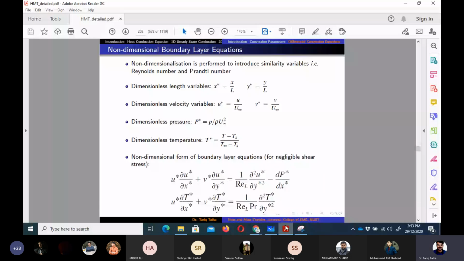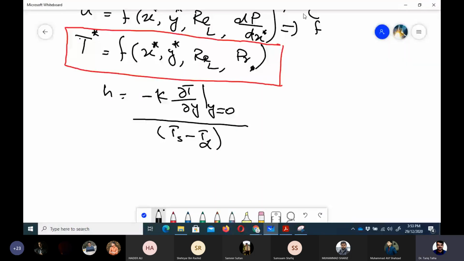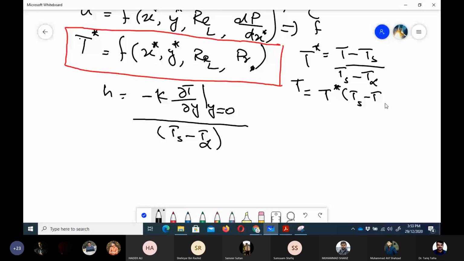So if I write here, T star is equal to T minus Ts upon Ts minus T infinity. So from here I can write T is equal to T star into Ts minus T infinity plus Ts. I think we are good enough to do this, all of us.